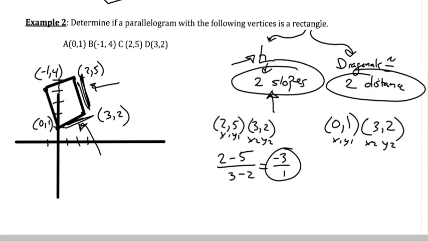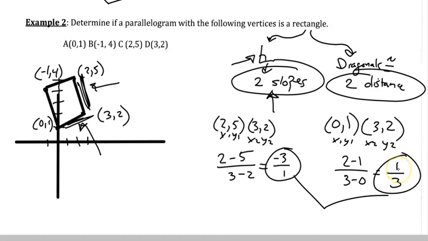Let's see if it is. y2 minus y1 over x2 minus x1. Huh. Are those things opposite reciprocals? Yep. So are these things perpendicular? Yep. So is it a right angle? Uh-huh. So is it a rectangle? Yep. There you go.